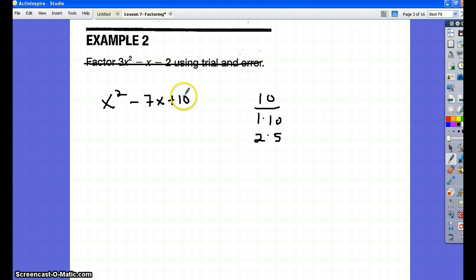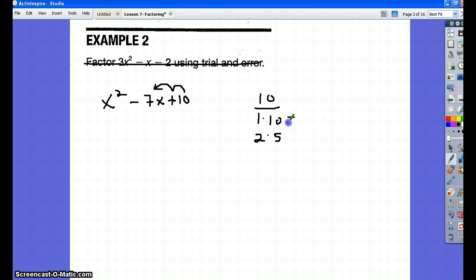So what we're looking for, little tricks here, is we start at 10, you say factors of 10 that add, because that's a plus sign, that add to 7x. So which of these add? If this would have been a minus sign, we'd say subtract. Since it's a plus sign, which of these add to 7x?